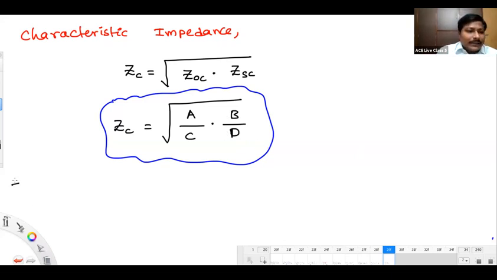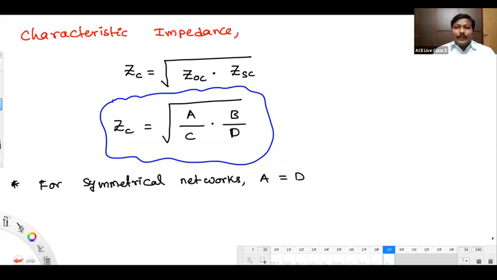For symmetrical networks, you will have the parameters A and D exactly equal.